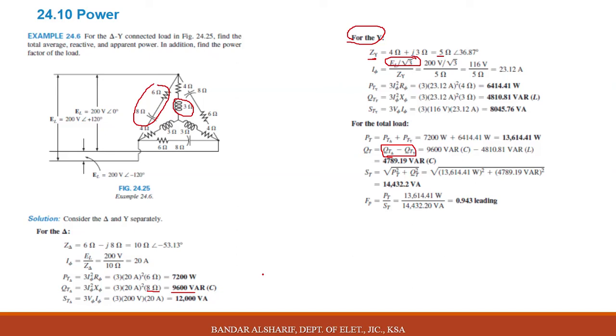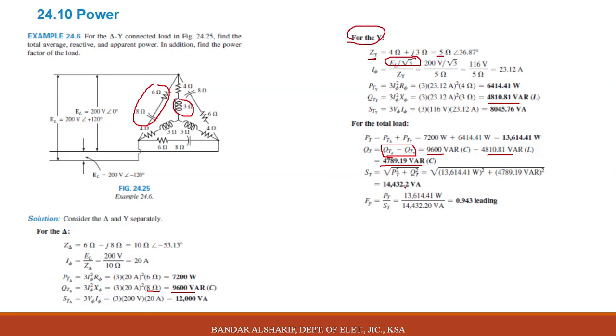It is mentioned here 9,600 minus 4,800. The answer will be 4,789.19 var. How to find the total apparent power? You square each one, P squared plus Q squared, under the root.